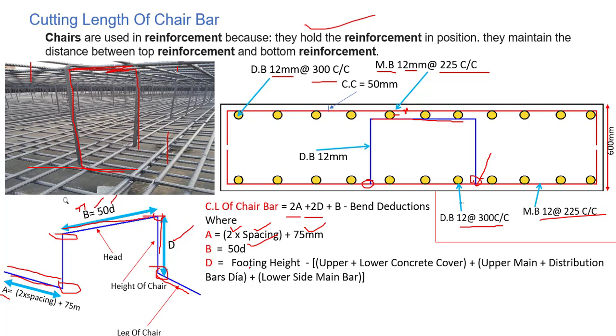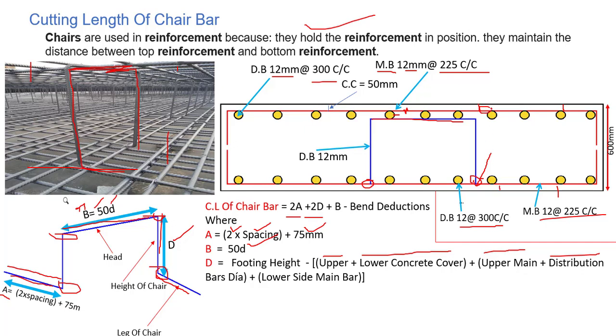And D, this is very important to understand, D is the footing height, that is 600 as you can see over here, minus the upper plus lower concrete cover. We need to deduct the concrete cover at this end and this end from the total value, plus we need to deduct the upper main bar and distribution bar dia. From the total height, first of all we deduct the concrete cover from both ends.